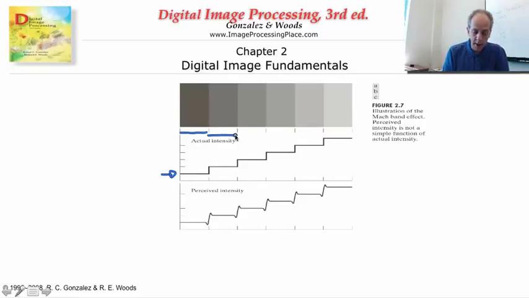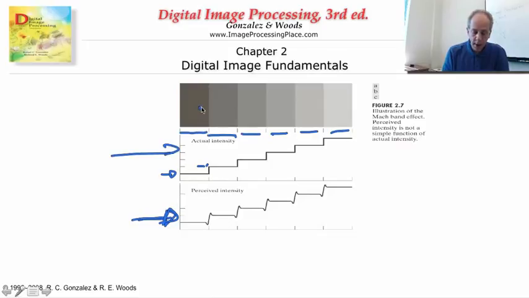The intensity here is constant, is this intensity, and so on. So the intensity of every single one of these segments is constant. Our perception actually doesn't look like this. It doesn't look constant like in this. It's actually like here.